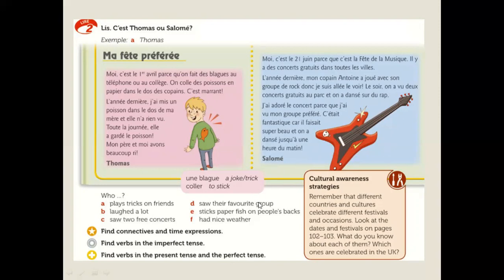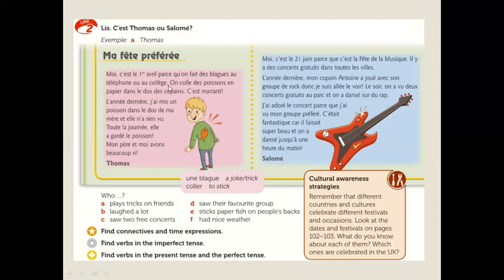D, it's Salomé who saw her favorite group. She says it here. I love the concert because I've seen my favorite band. Then E was Thomas. He's the one who sticks paperfish on people's back. He says it here.